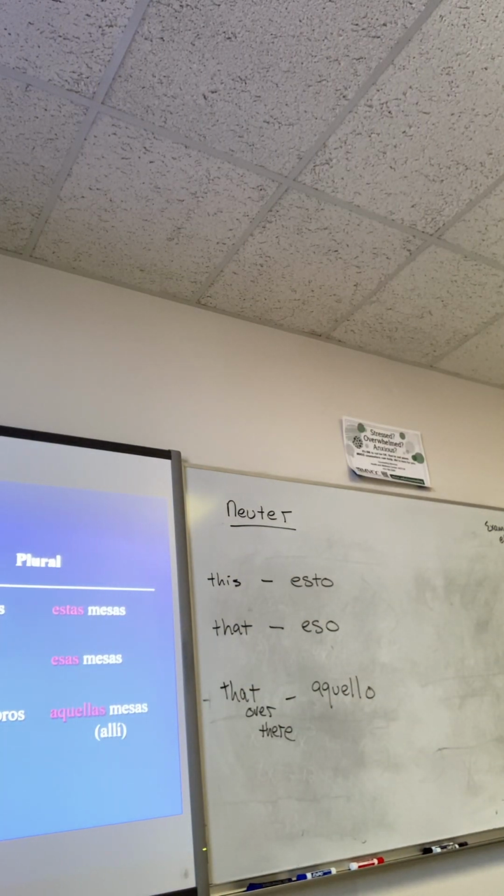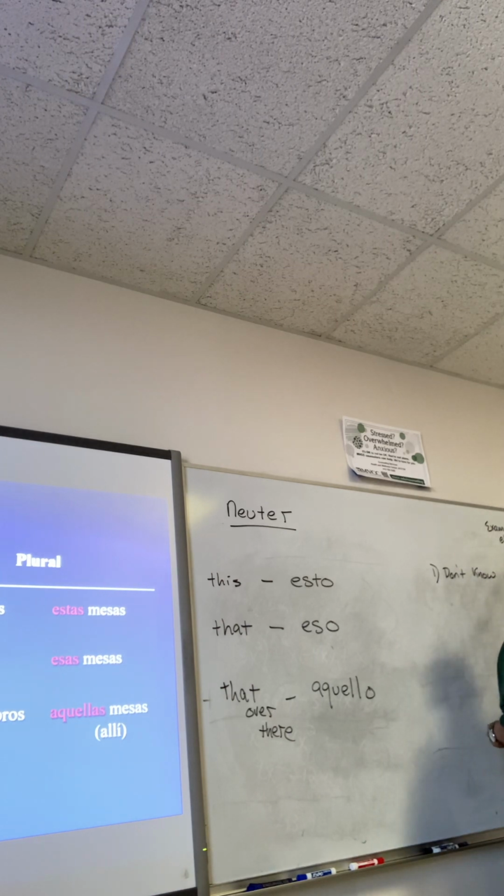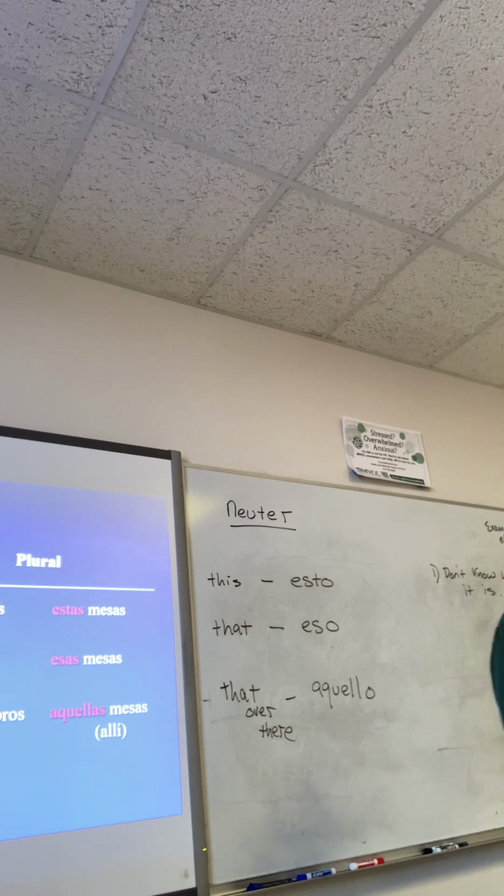Number one, if you don't know what something is. If I don't know that this is called a bolígrafo, all right? And I say, Logan, what is this in Spanish?